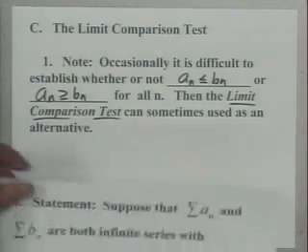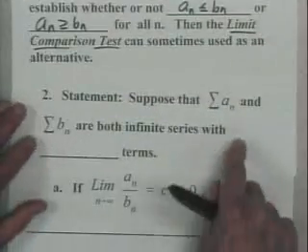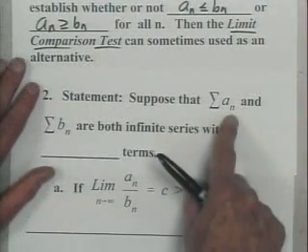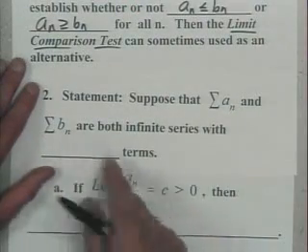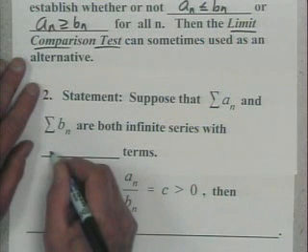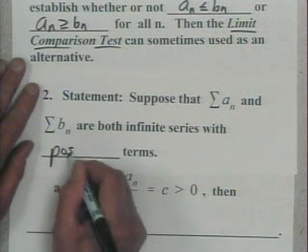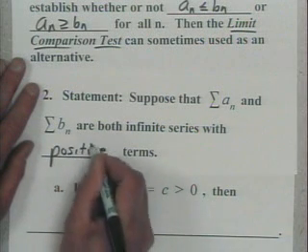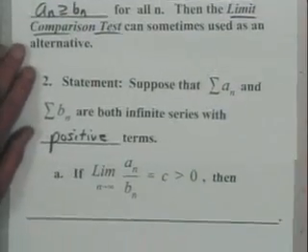Okay, what does the limit comparison test say? It says suppose that a sub n is one series, b sub n is another series, and they both have positive terms. That's the condition for all comparison tests.